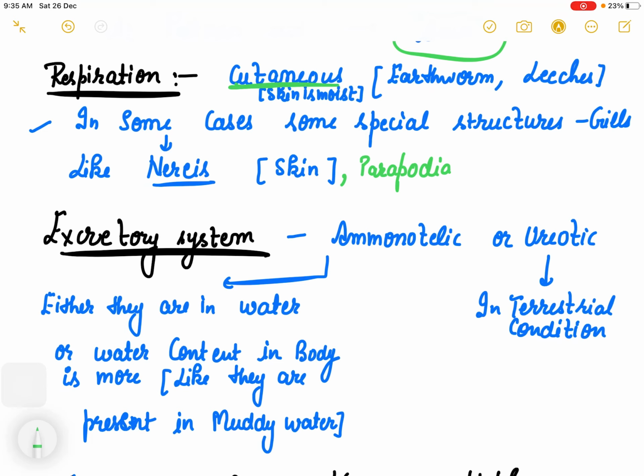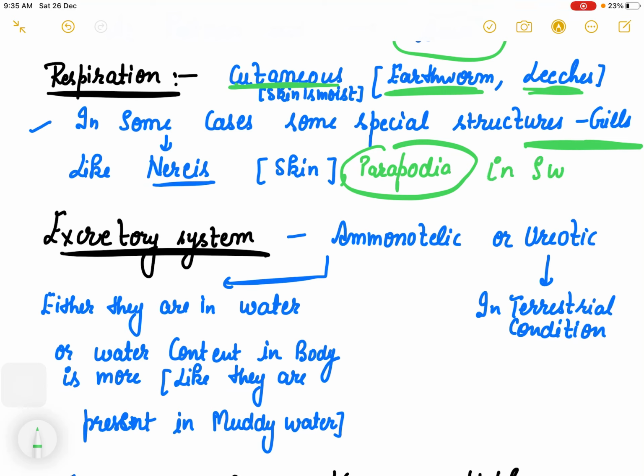So the respiration very common in annelids is cutaneous respiration, which is observed in earthworm and leeches. A few aquatic forms have special structures like gills. In Nereis, it respires through parapodia. Parapodia is the structure which helps Nereis in swimming also.